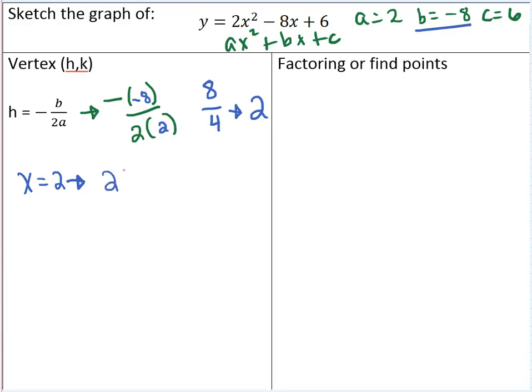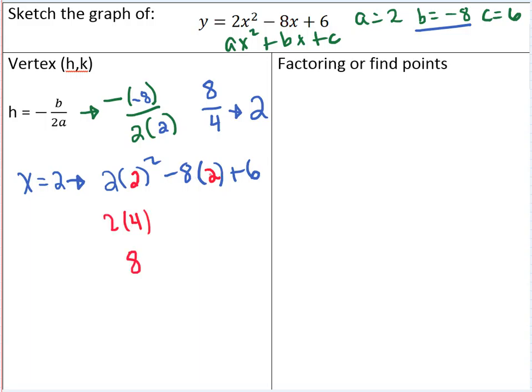So we have 2, let's leave a space, squared, minus 8, let's leave a space, plus 6. Okay, so we said that we're plugging in 2, so let's plug in 2. 2 squared is 4. Let's multiply that by 2, and we get 8.